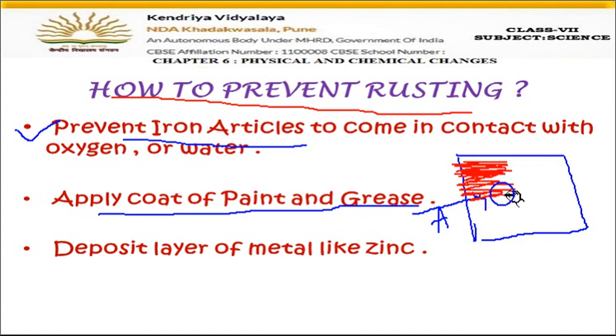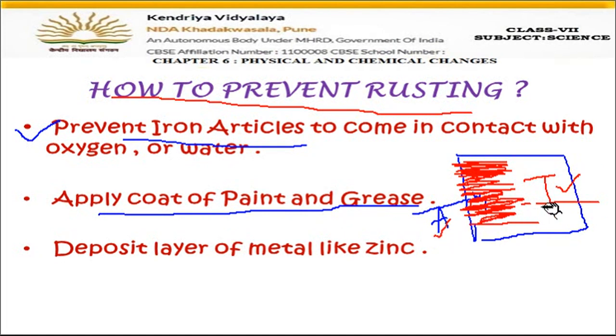When you paint it, what will happen? This paint will come in between the iron object and the air. So this paint will stop the contact of iron and air.